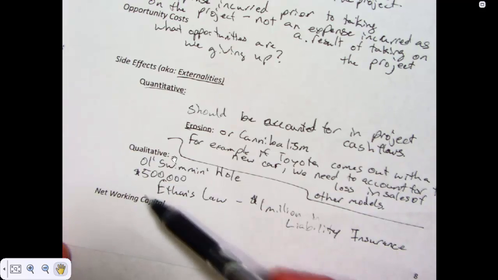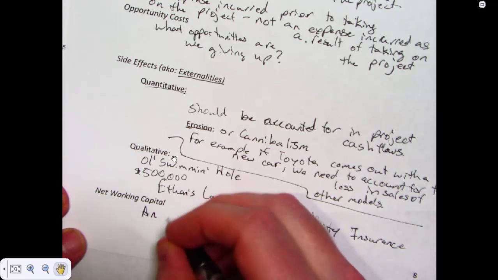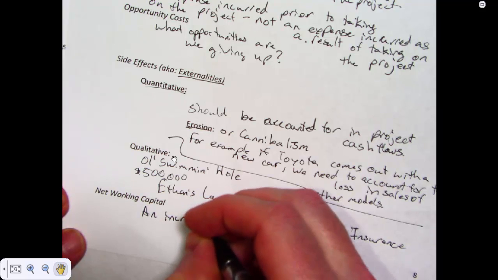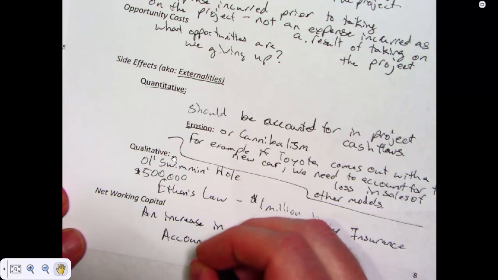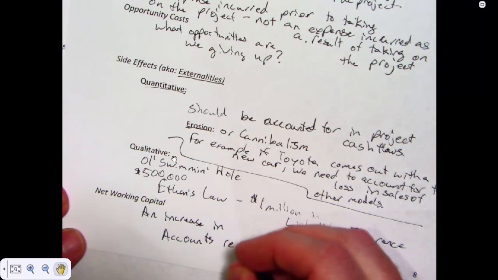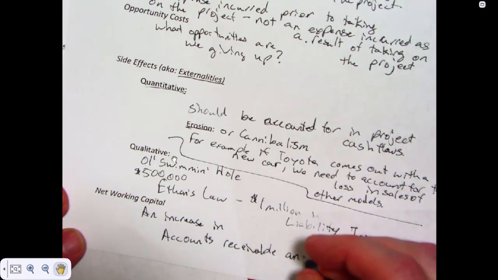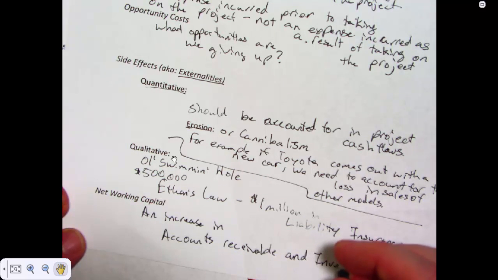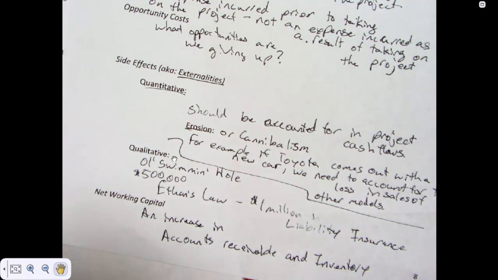And another thing we need to take into account is net working capital. So this is an increase in accounts receivable and inventory that occur as a result of taking on a project.